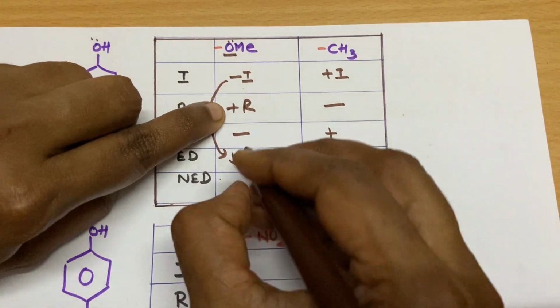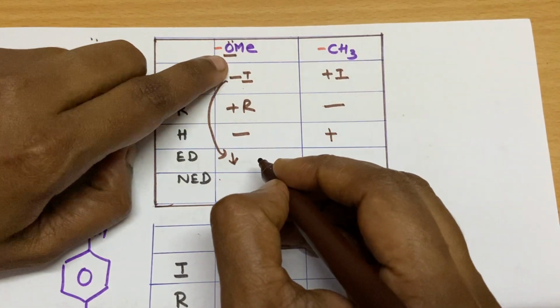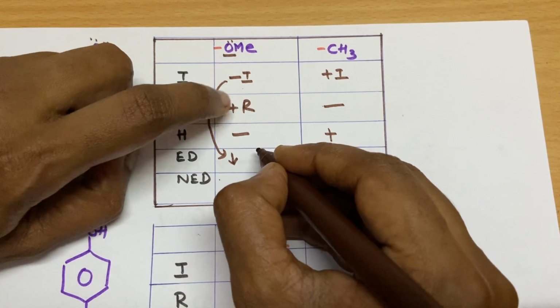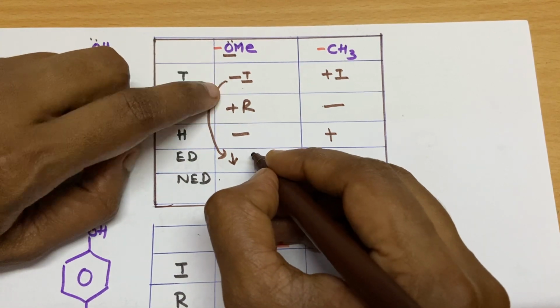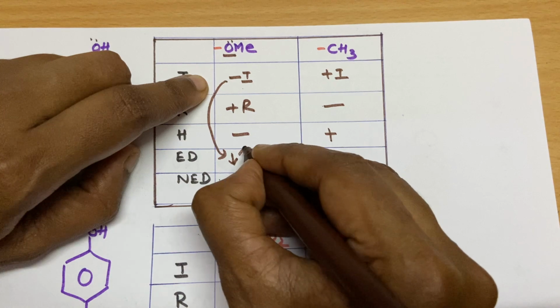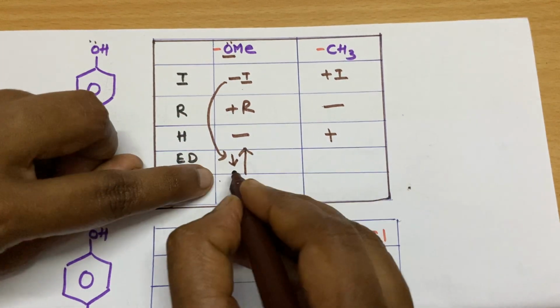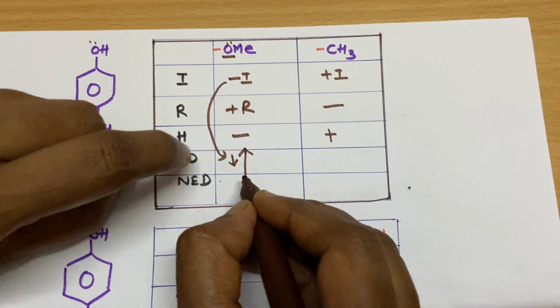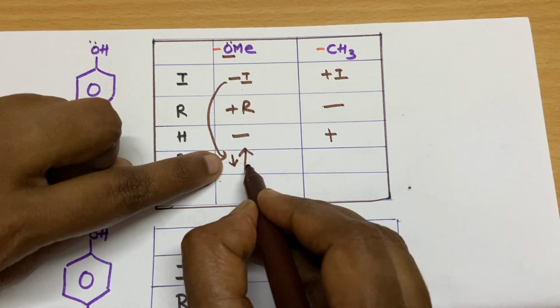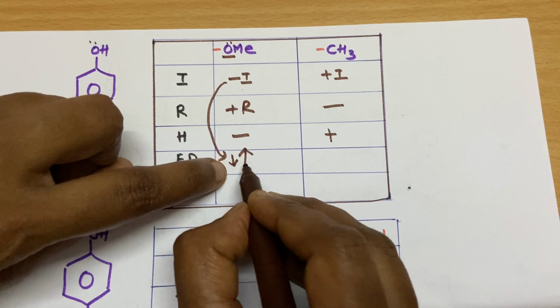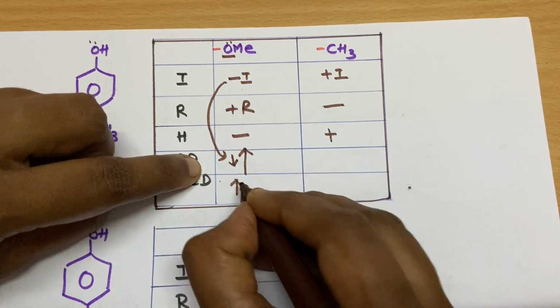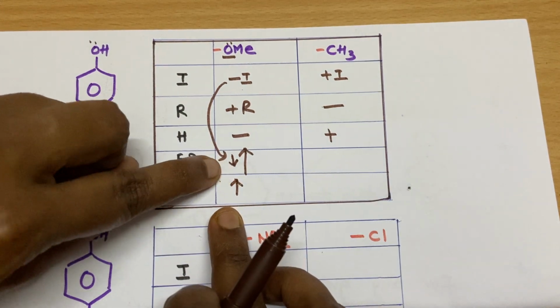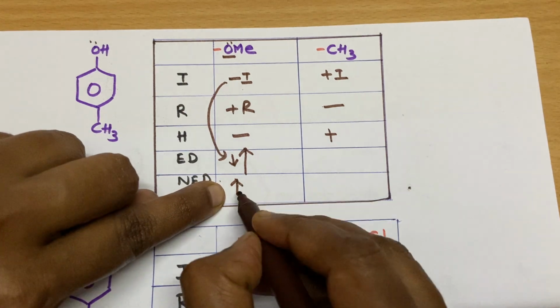Due to plus R effect, it has lone pairs and is a very good donating group when you take resonance into consideration, so it is going to increase the electron density. These two, ED meaning electron density and NED meaning net electron density, are in opposite directions. After something gets cancelled out, still it is electron donating.